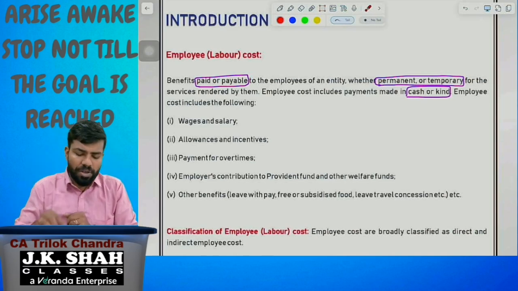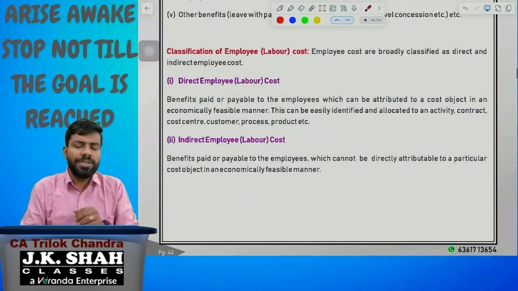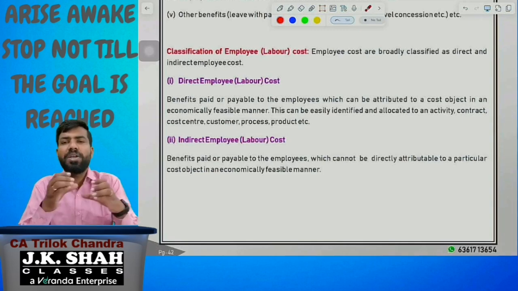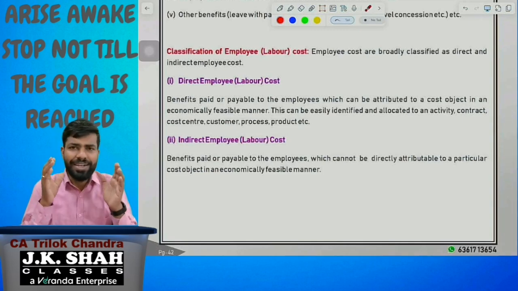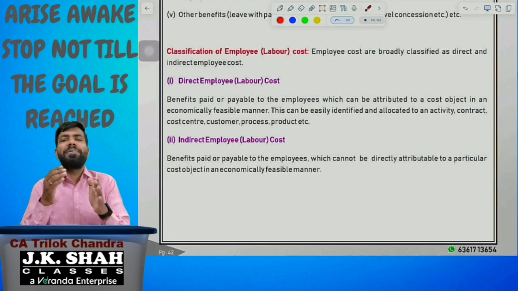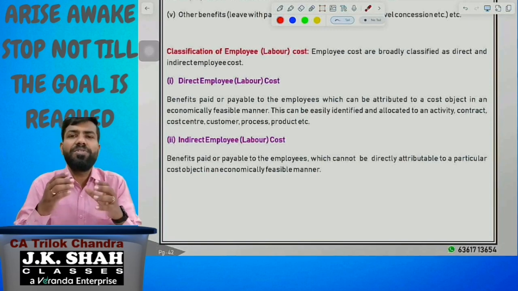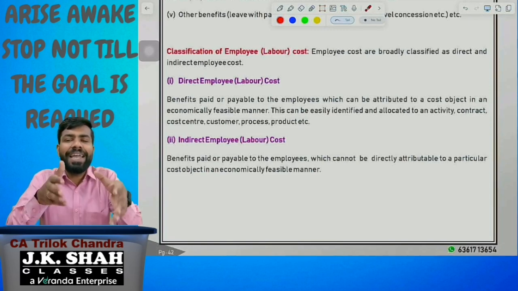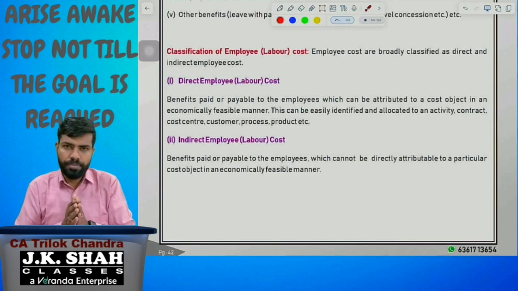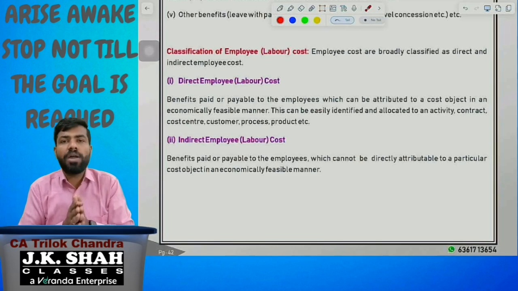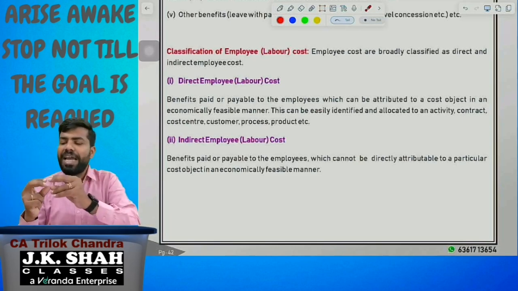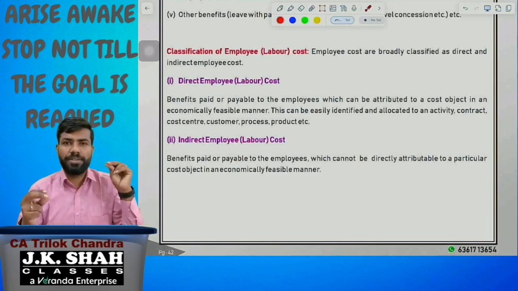When it comes to employee cost, we can classify it into two types: direct employee cost and indirect employee cost. We already discussed this. Direct labor cost means wages paid to the workers who are directly engaged in production, or the employee cost which can be traced to the final product.